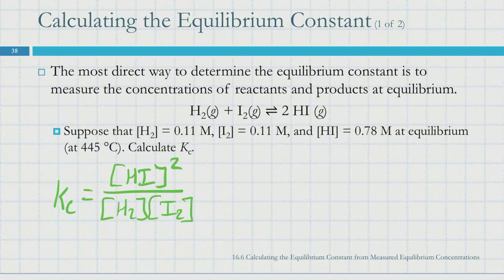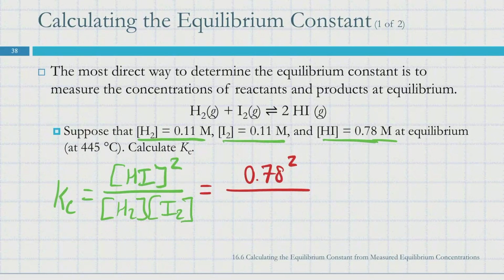And since we have numbers for what these concentrations are, we can just plug the numbers in, put it in our calculator, and we've got our answer. So 0.78 squared over 0.11 times 0.11. I'm omitting the molarity because we're going to take the units off of our equilibrium constant anyway.